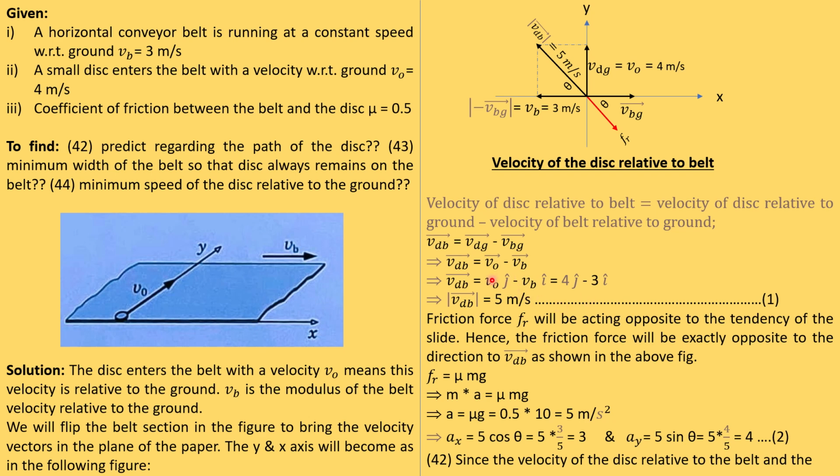If we put the values of V0 and Vb, our velocity of disc relative to the belt will be 4j minus 3i, and its magnitude will be the square root of 4 squared plus 3 squared, that is square root of 25. So this Vdb will be 5 meters per second. We will call this equation number 1.